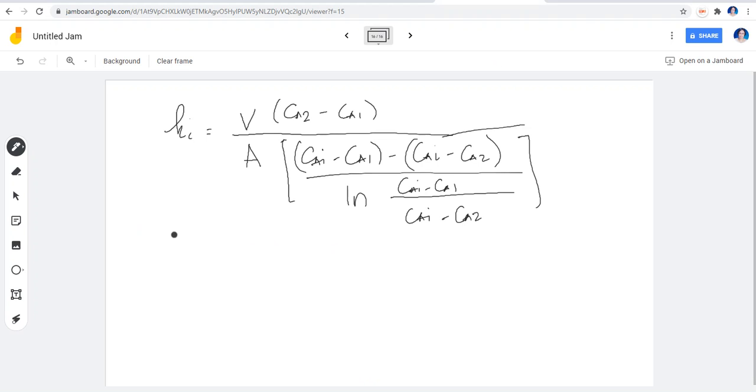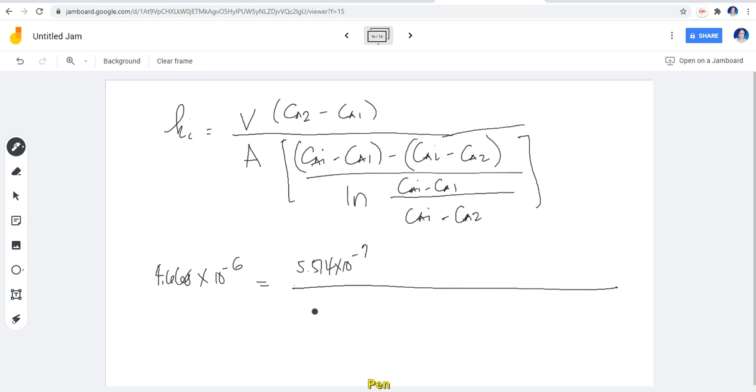So we have here the experimental value and the volumetric flow rate. I'll place here 5.514 times 10 raised to negative 7, and we multiply it with the CA2, which we are looking for. We subtract CA1, which is 0, because that is the concentration of benzoic acid at the inlet.